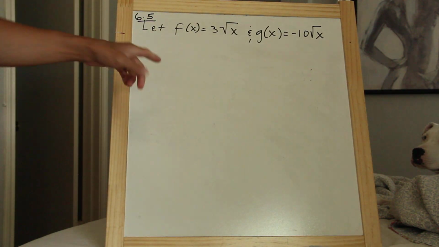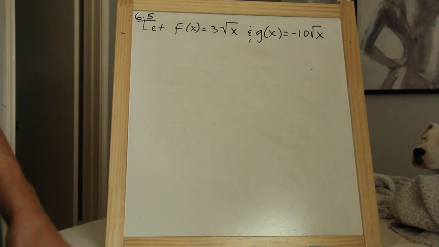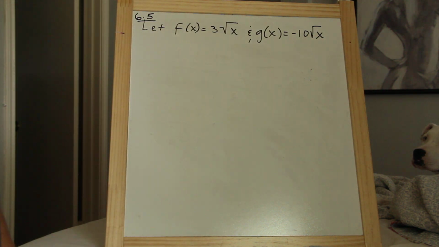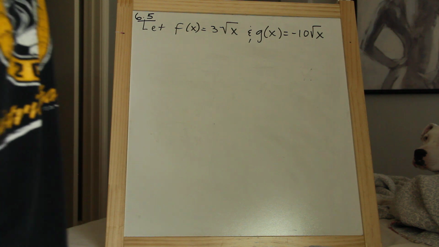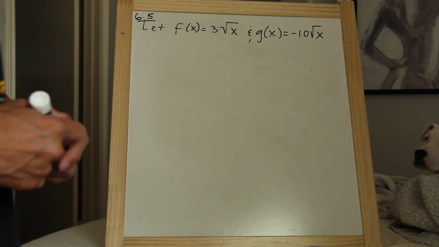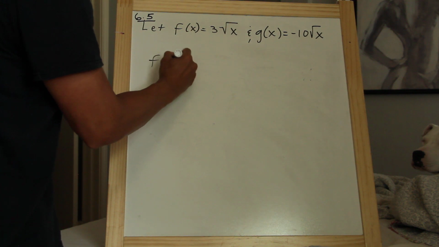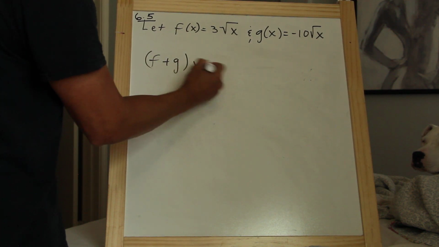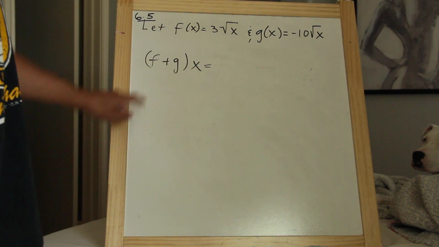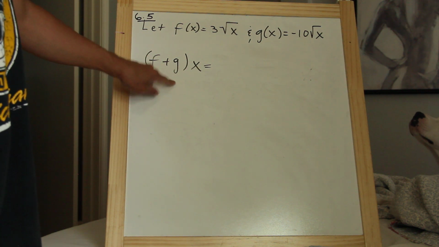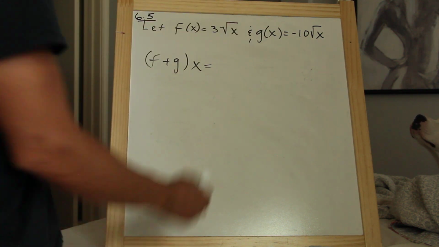In the example problem in 6.5, the very first one, if I let f of x equal 3 square root of x and g of x equal negative 10 square root of x, what is f plus g of x? What that means is I'm adding f of x to g of x.